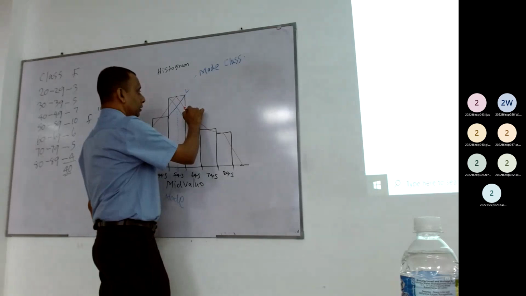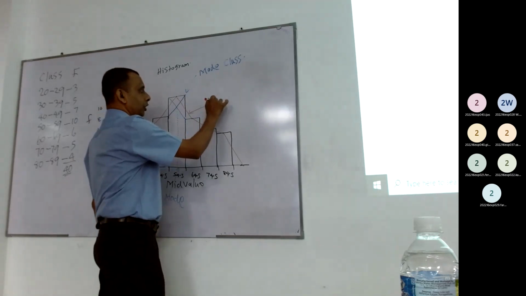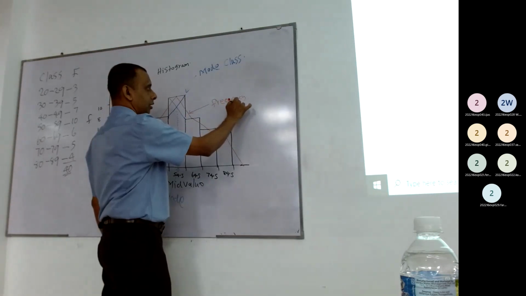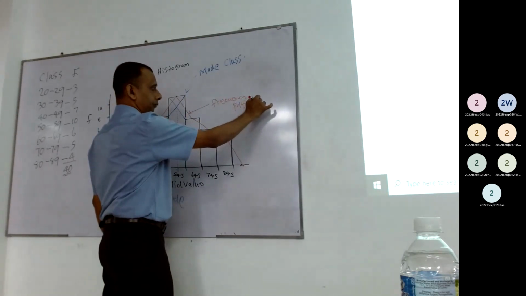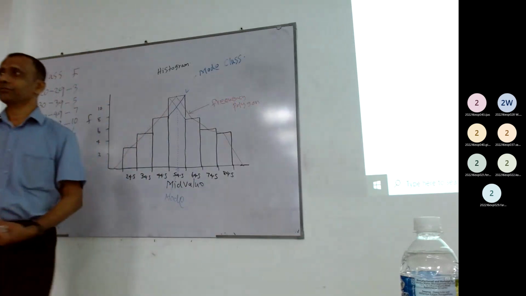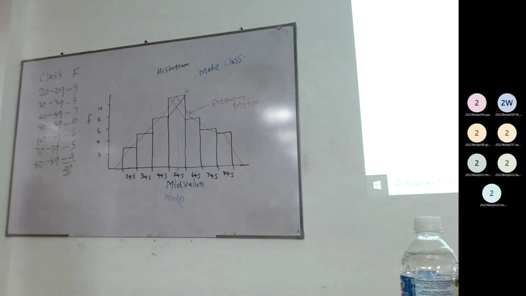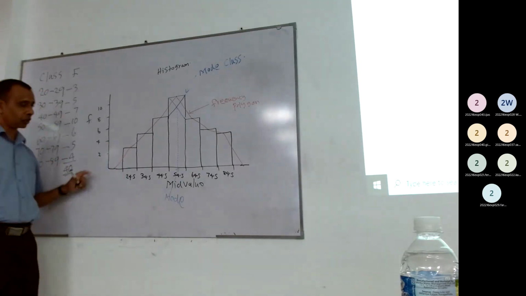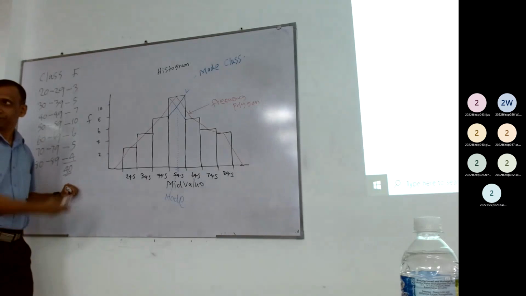This is called frequency polygon. Linear lines, straight lines. Therefore, you have to use a ruler. If not ruler, use your ID card.